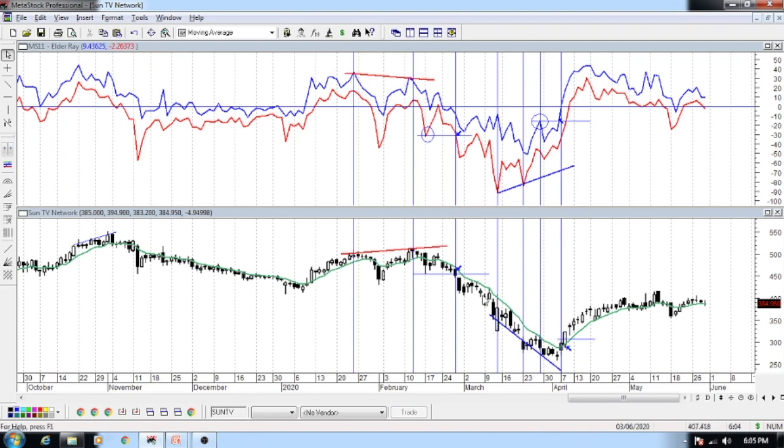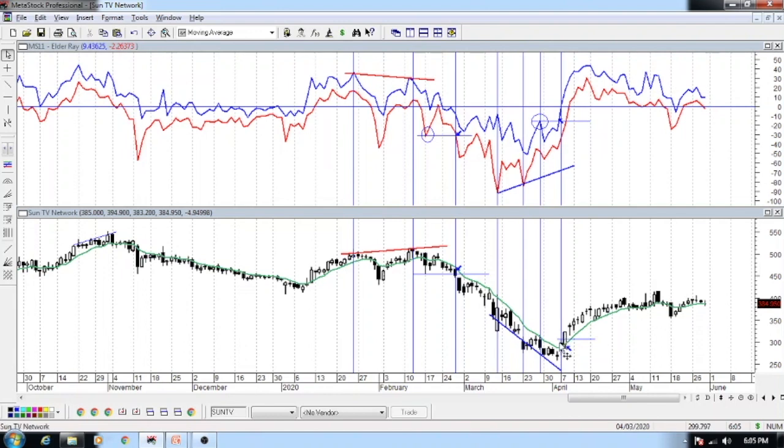Okay, so we already have two things in our chart. First, we have a bullish divergence between price and oscillator. Second, the price is now moving upward, which is confirmed by the EMA, and third is this peak. When this peak is crossed again, we will have a long entry in this stock. This is a chart of Sun TV Network.